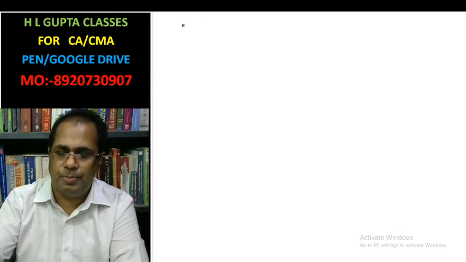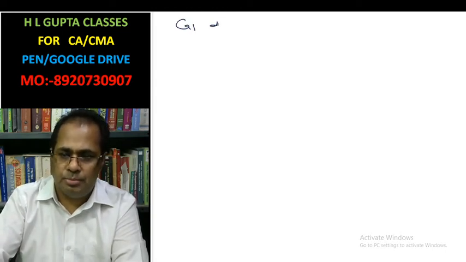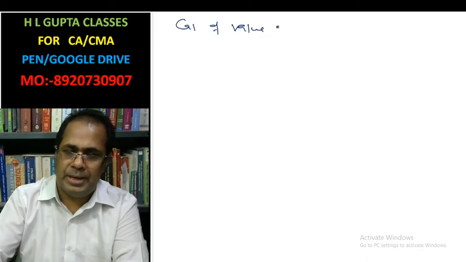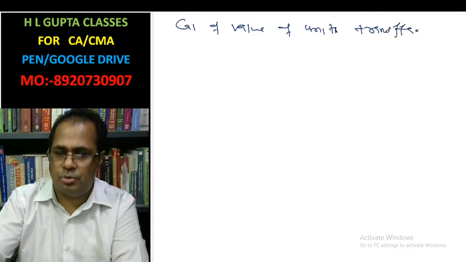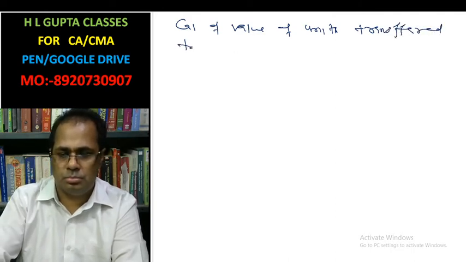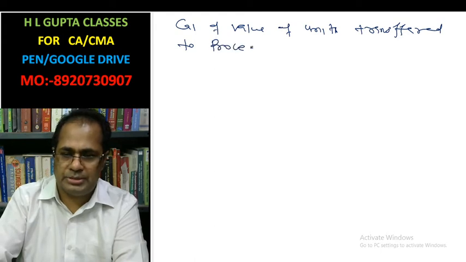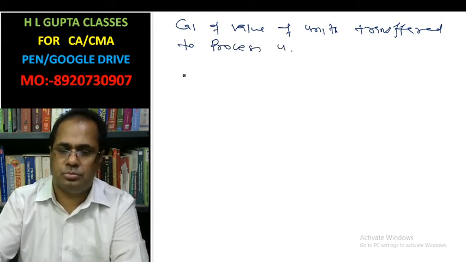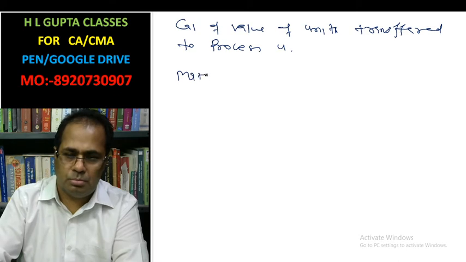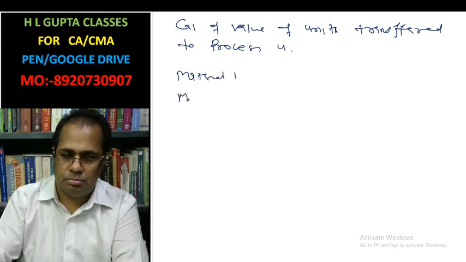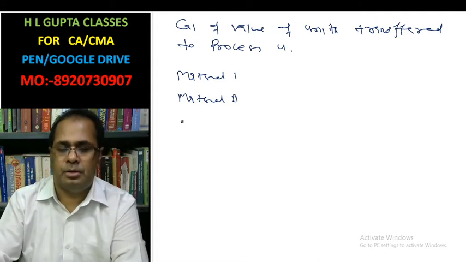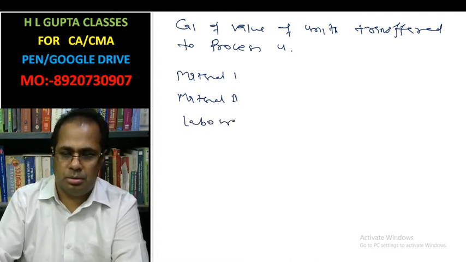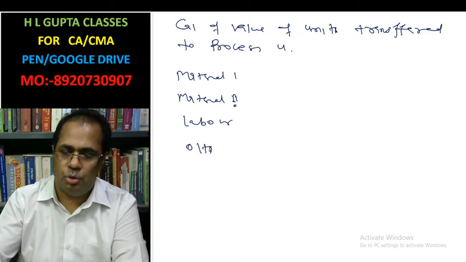Now calculation of value of units transferred to process 4. Material 1, material second, labor, overheads.